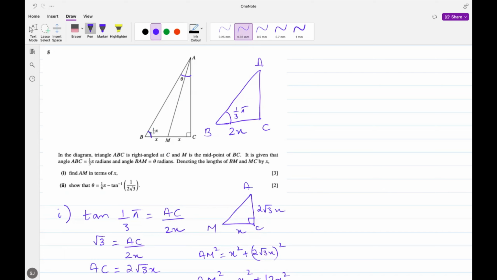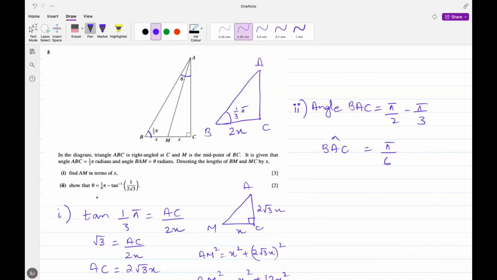As this is already π/3, for part 2, angle BAC will be equal to π/2 minus π/3. Simplifying this, we'll get (3π minus 2π)/6, which will become π/6. So the angle BAC is π/6.